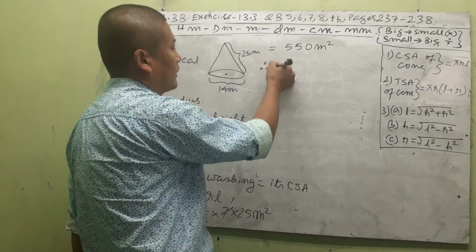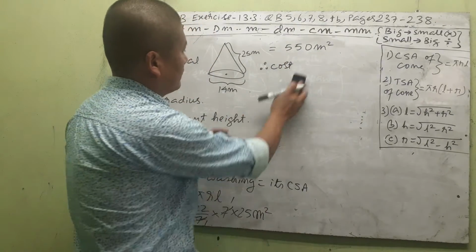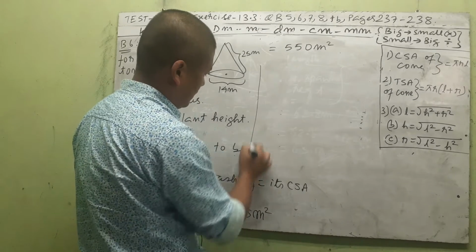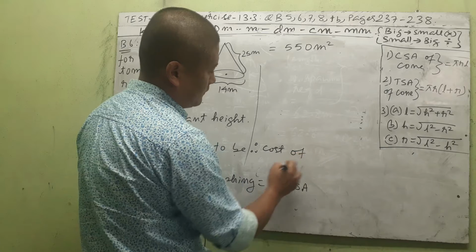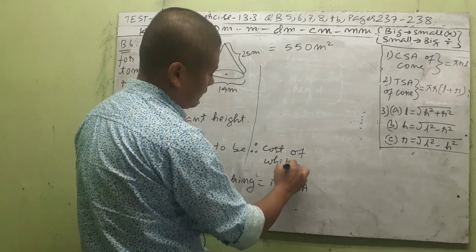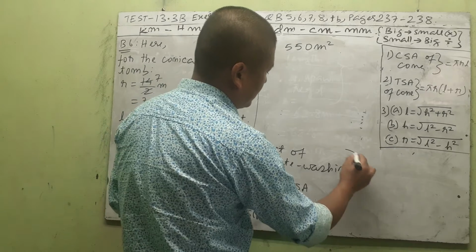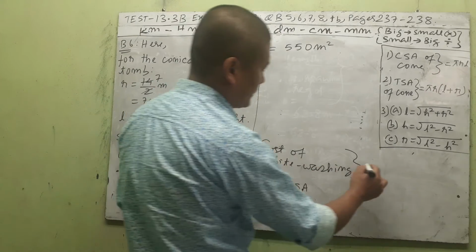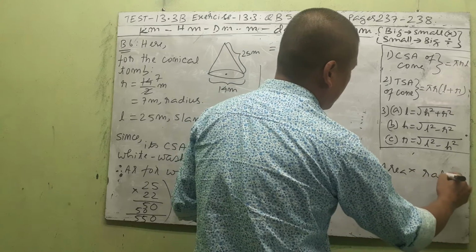Therefore, cost of whitewashing. We know that cost is always equal to area multiplied by rate.